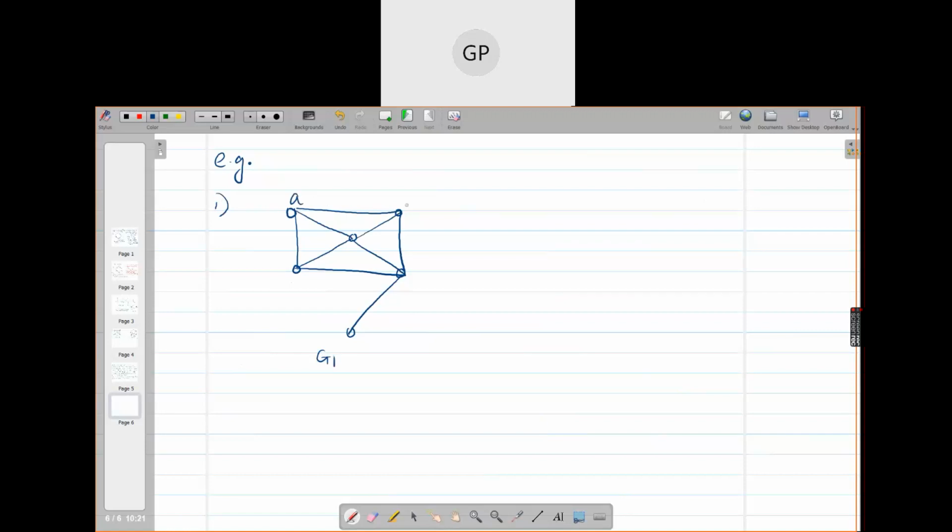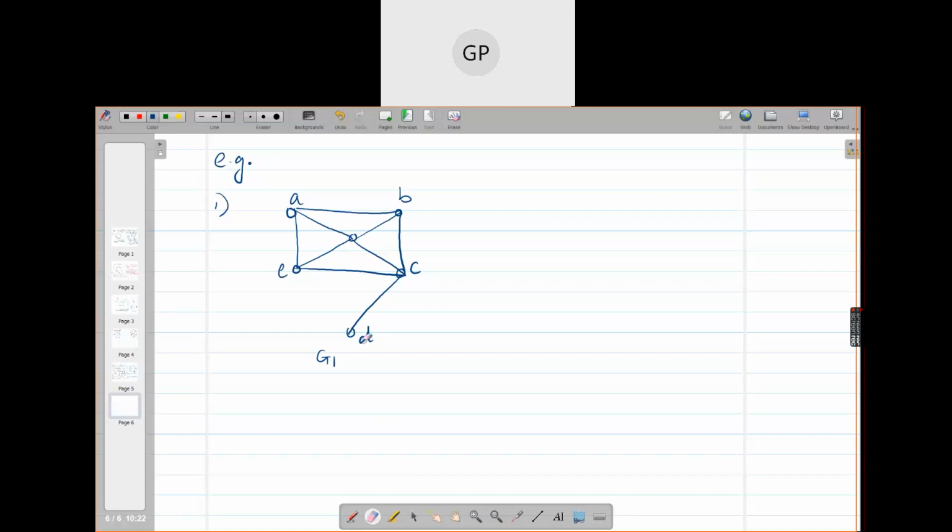Suppose I give names to the vertices to be specific. Yes, which vertex you will delete? If you delete D, suppose, what happens? If you delete the vertex D.